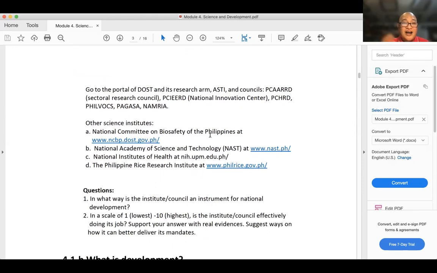So they have a lot of other sub-agencies under it. And of course, the National Academy of Science and Technology, which is with DOST for administrative and fiscal reasons, but it is the chief science advisor to the government of the Philippines.